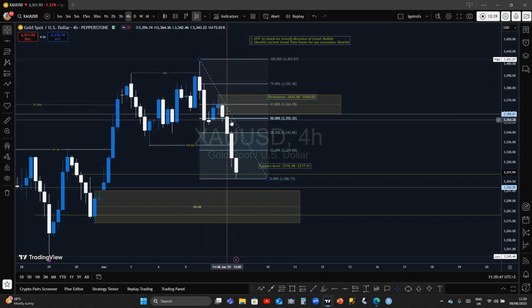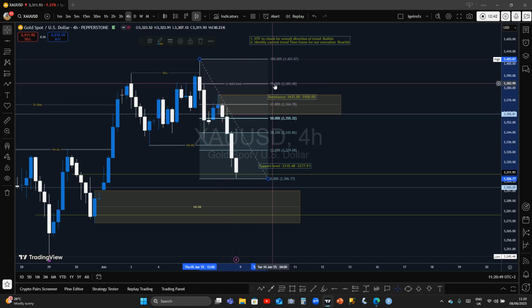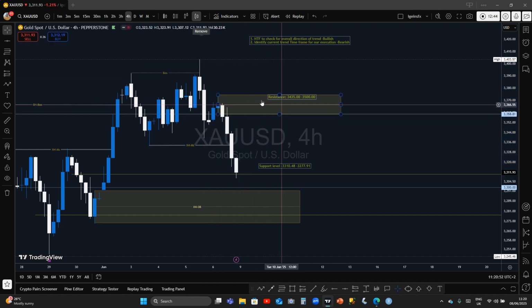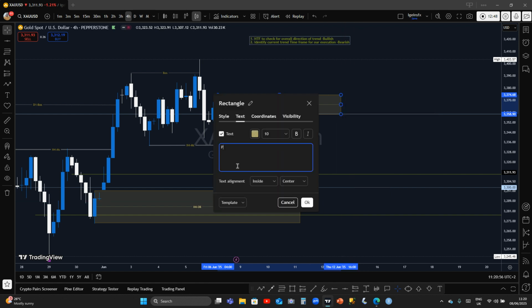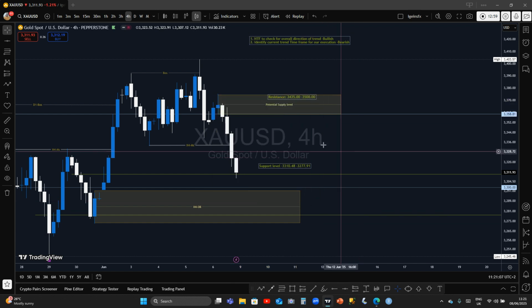So this place here is a potential supply level. So put an eye. This very point here is our potential supply level.